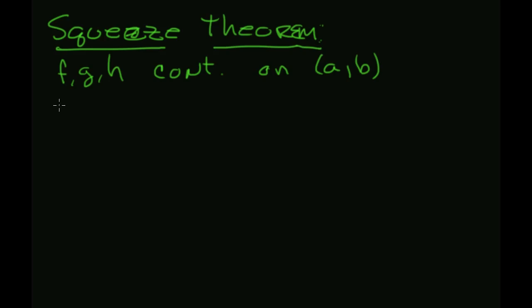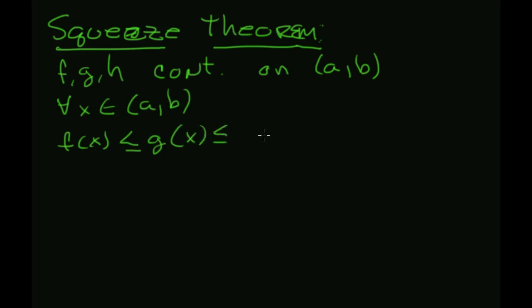And for every x on that interval a, b, we're going to have it so that f of x is less than or equal to g of x, which is less than or equal to h of x. If you think about what's going on here, let's put this in the first quadrant.